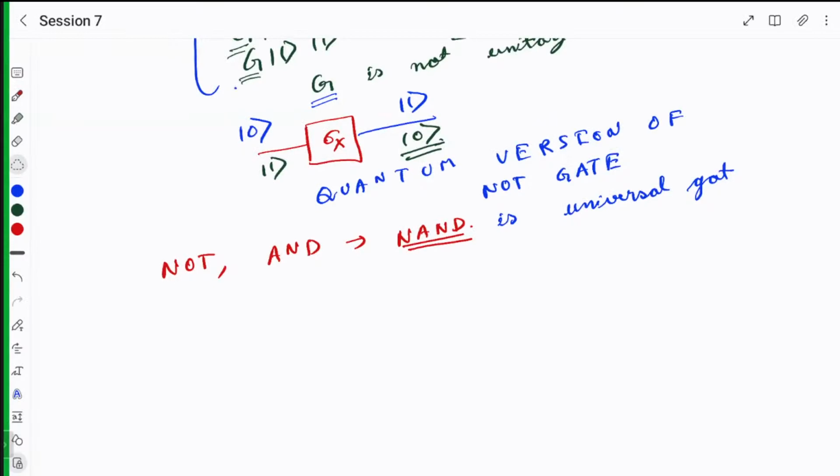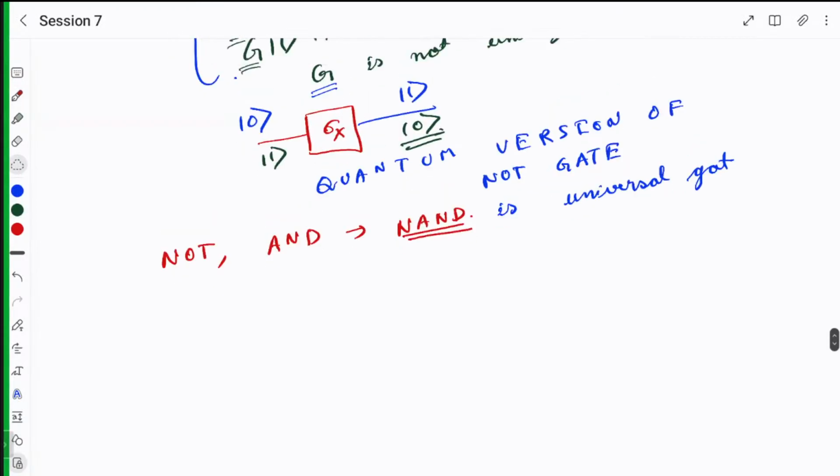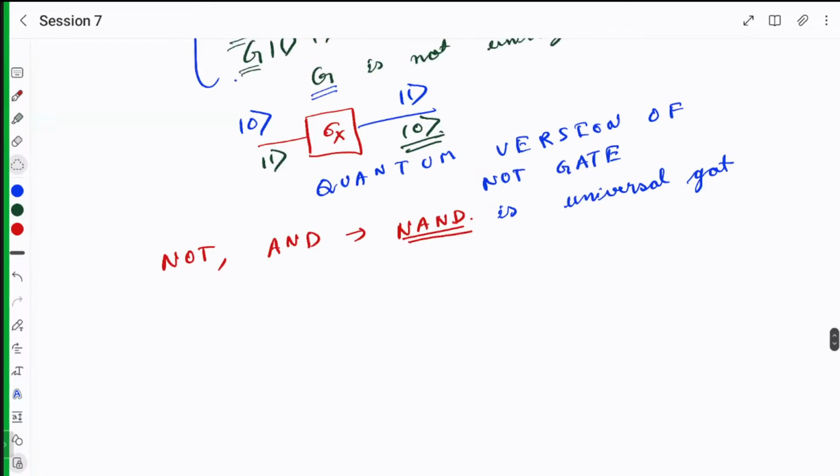Okay, is my screen visible and am I audible? I can see your screen. Yes. Okay, thanks.